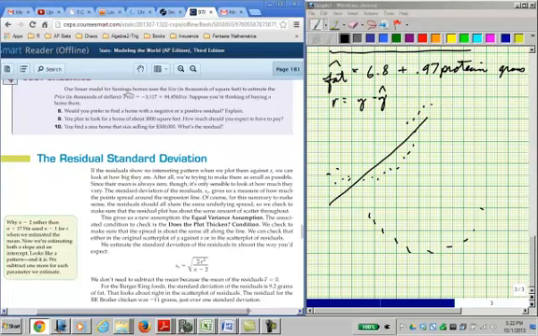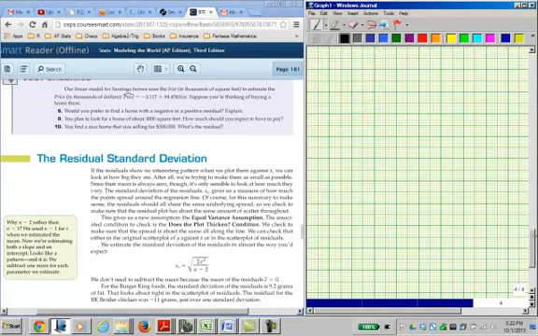Now the only difference is you take the sum of the residuals. So the residuals, I mean, think about it, e equals y minus y hat.